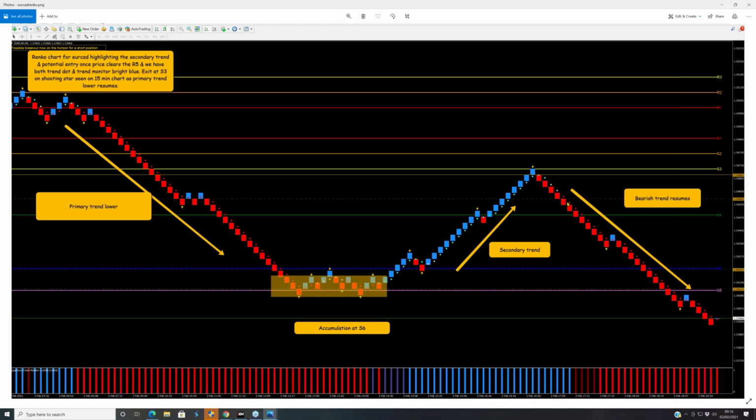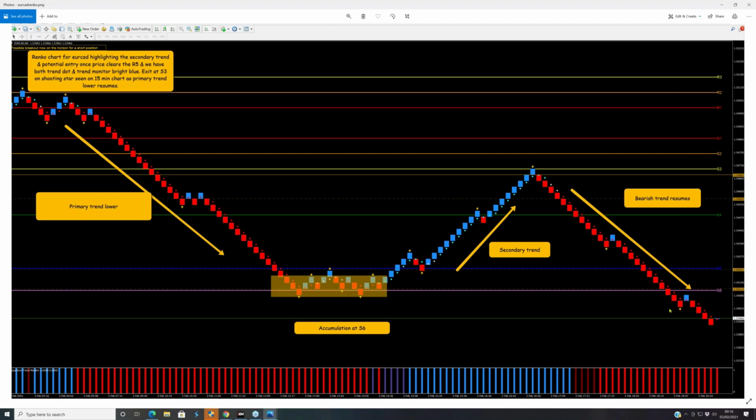Where you would possibly come out of this move simply based on Renko, well, you could come out here, or you could come out here, and you would say, well, if I'd stayed in, I would have got all that. Yes, but trading is not like that. That's in hindsight. You can only take the decision based on what you see developing at the time that you are in front of your charts.